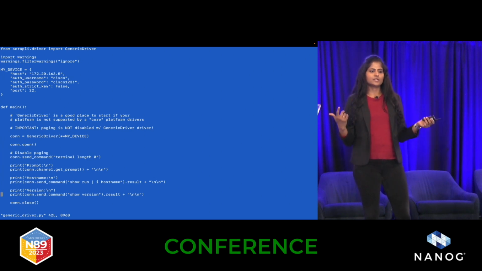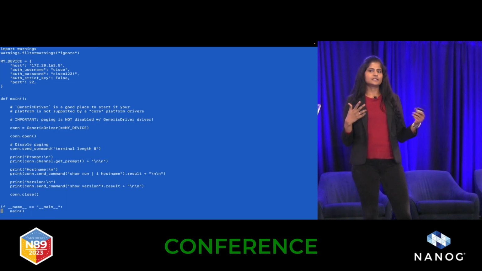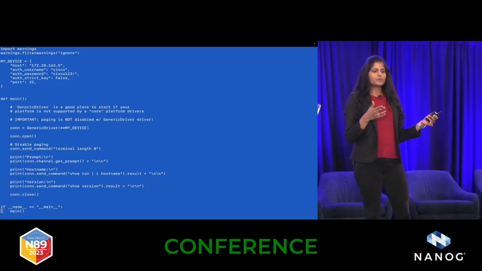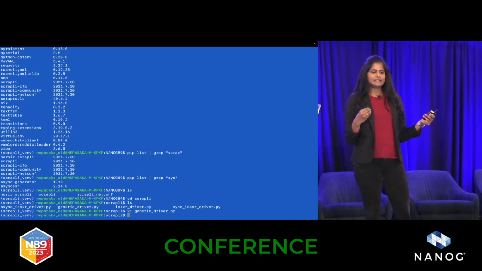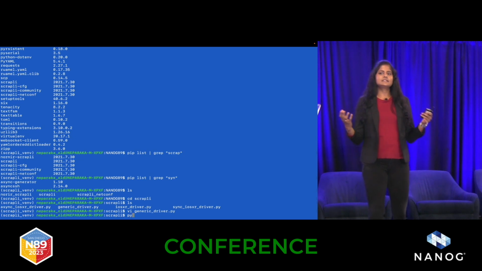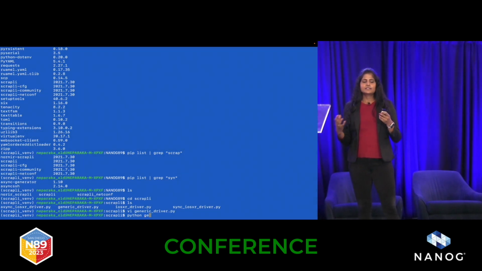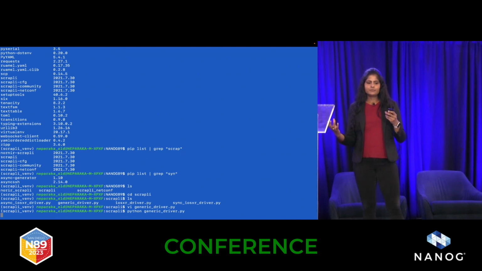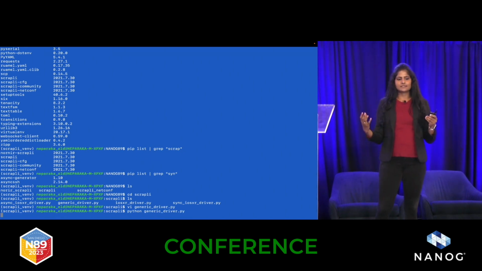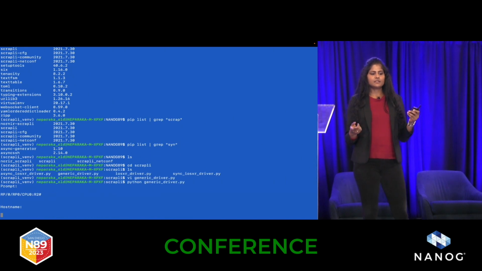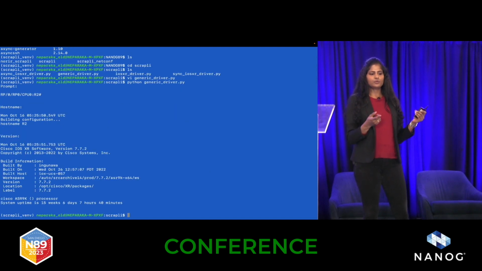That's why I imported warnings and ignored them. Then just provide the device information, call the generic driver, and open the device. I'm sending commands like show hostname or show version, etc. When I execute it, you can see I have retrieved the hostname and version information.